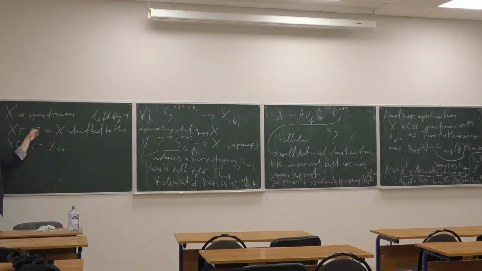I define the shift of X to be given by the same components, but with the shift. What does this mean? Well, this means, for example, that in component 0 we have the same space we used to have in degree 1. So we shift everything to the left.